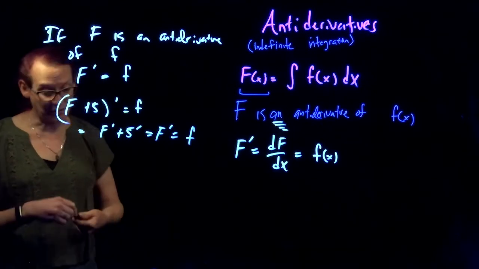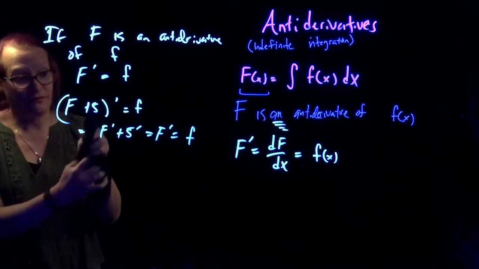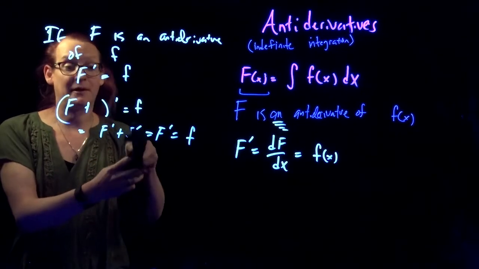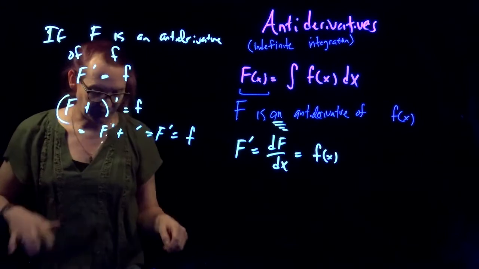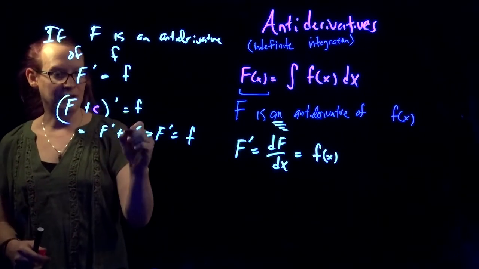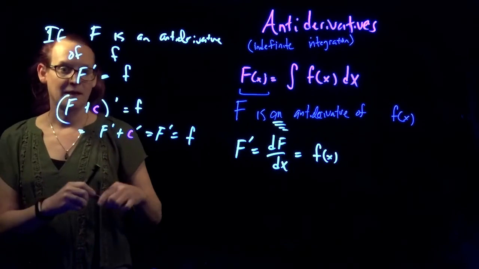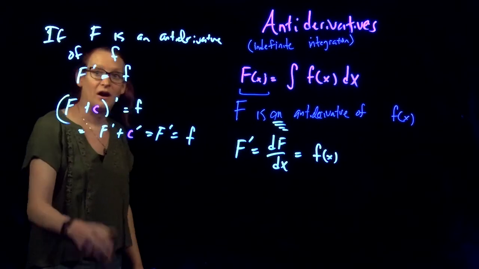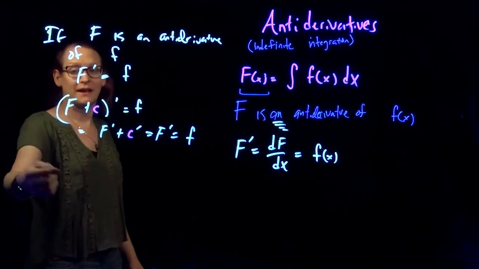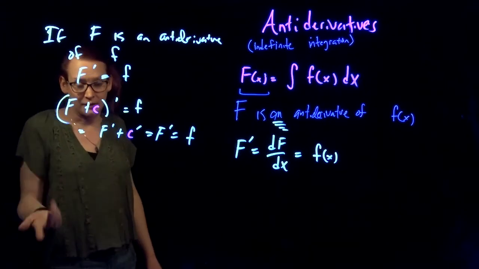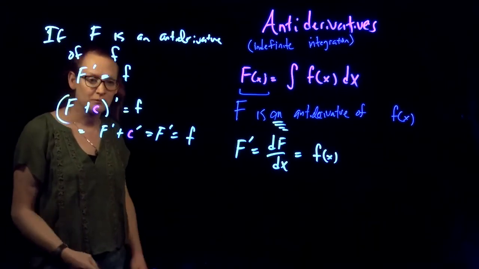And there was really nothing special about the number 5. I could have written pi. I could have written a billion. I could have written some symbolic constant, which is exactly what I'm going to do right now. I could write down c, and I see that if I have an antiderivative, I can get any other antiderivative simply by adding a constant onto my function.